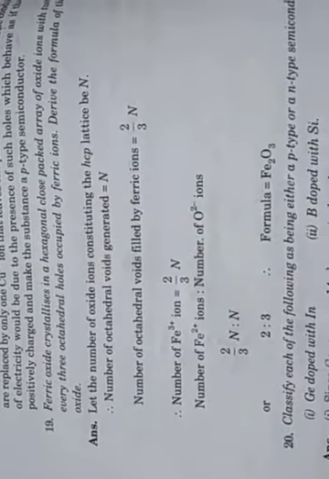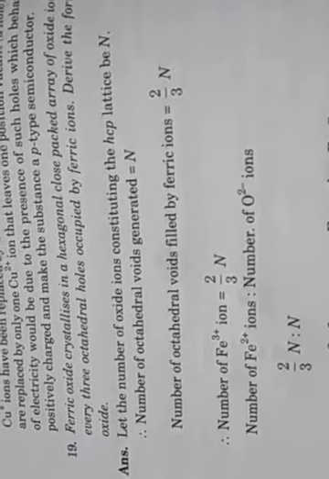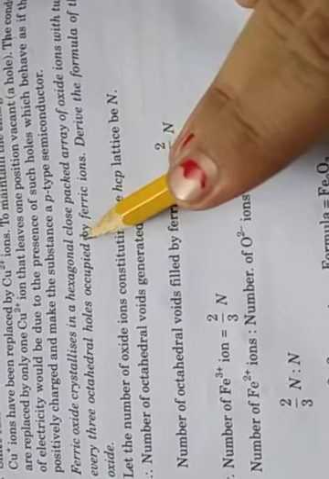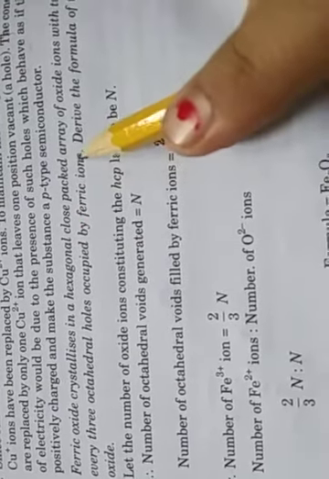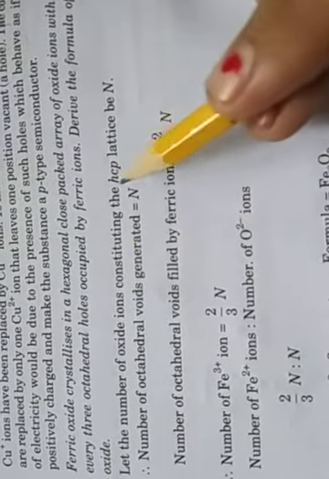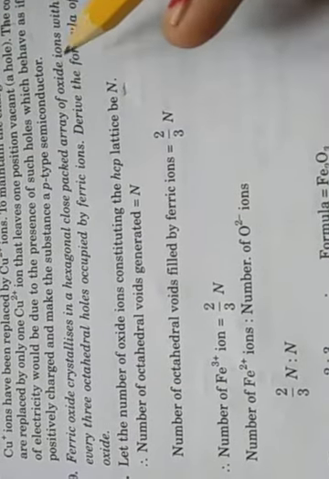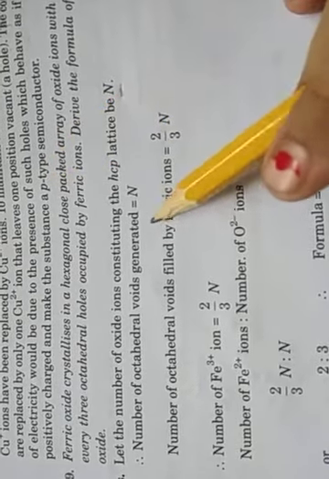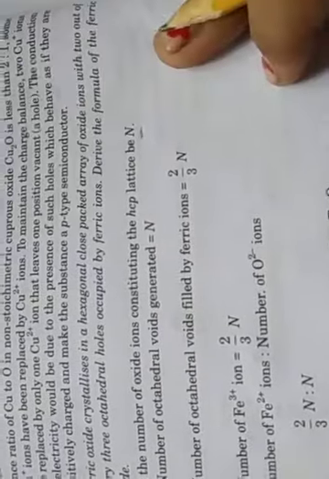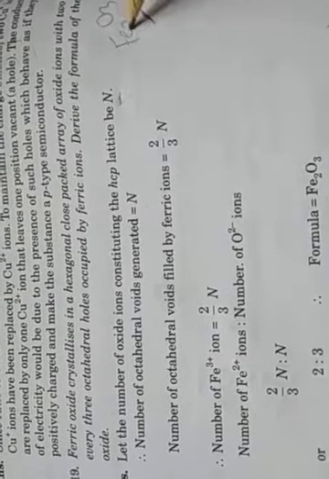In ferric oxide, the negative ion is oxide. Let the number of oxide ions constituting the hexagonal close-packed structure be N, and the number of octahedral voids generated is also N. Octahedral voids are filled by ferric ions, because ferric oxide is Fe2O3, so Fe is 2/3.